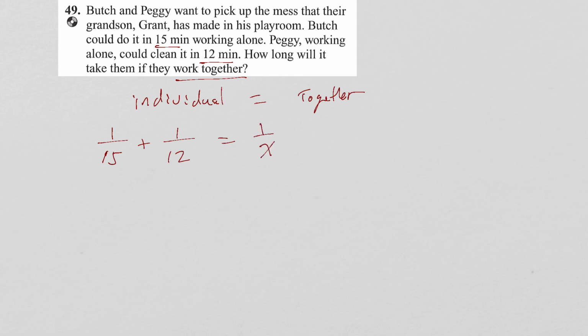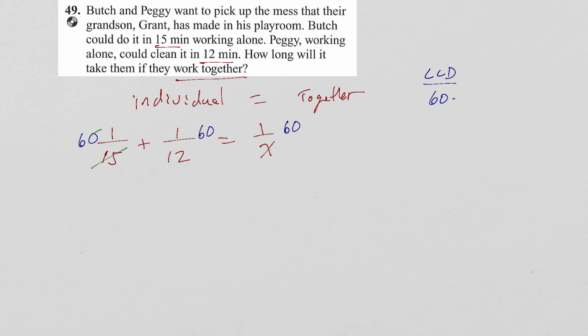Now, our LCD, you could either just go 12 times 15, or if you can see it, it's 60. Okay? So I'm going to multiply each of these fractions by 60. And honestly, if you didn't know that it was 60 and you just used 12 times 15, you'll get the same answer. It's just your work is going to be a little bit bigger than it needs to be.